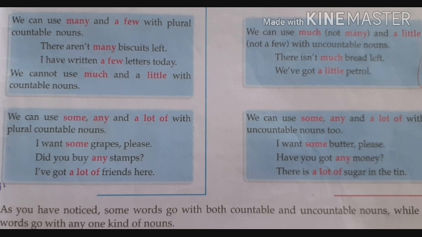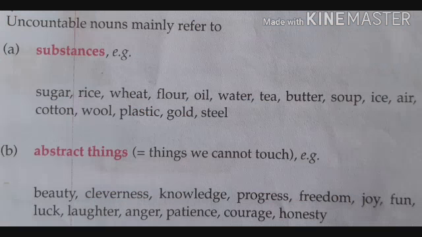Next, uncountable nouns mainly refer to substances. I have already told you that material nouns come in the category of uncountable nouns: sugar, rice, wheat, flour, oil, water, tea, butter, soup, ice, air, cotton, wool, plastic, gold, steel. And also abstract nouns.